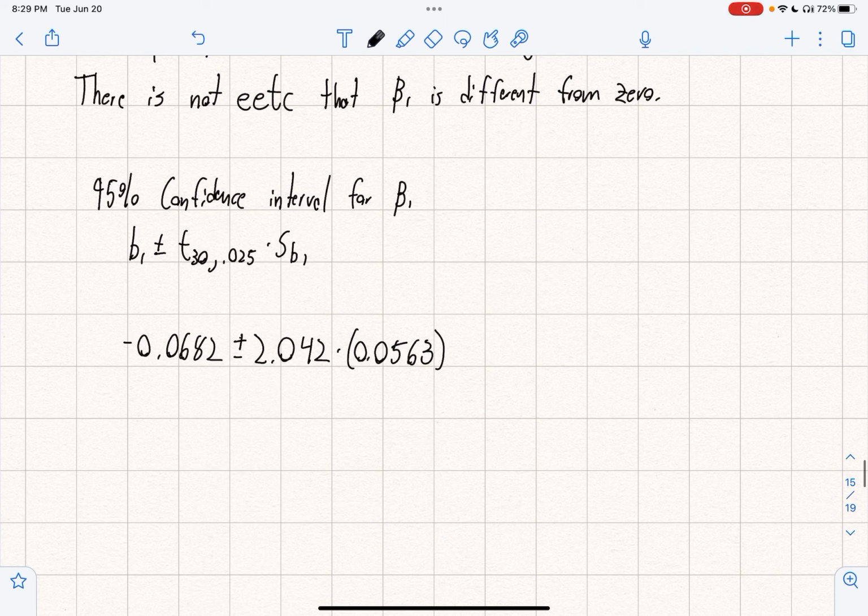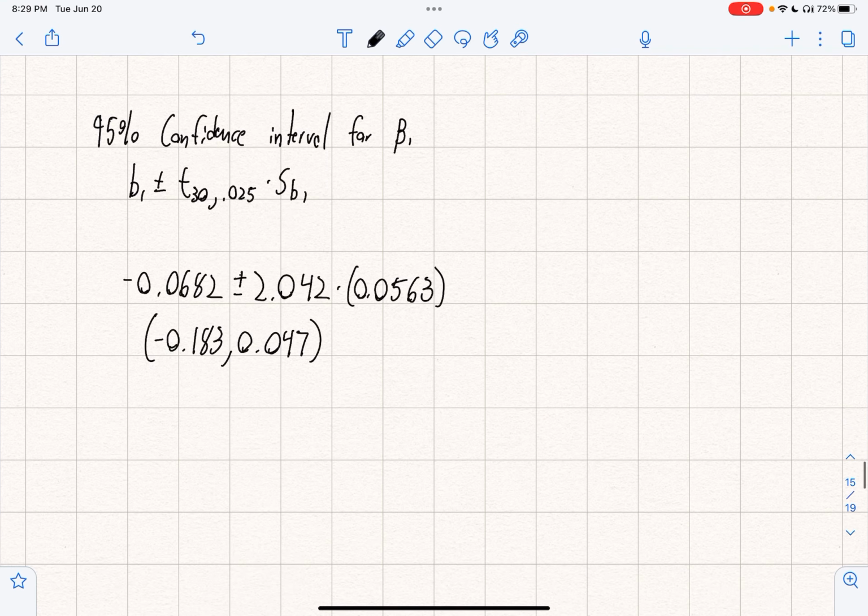And if you create this interval, that is going to range from negative 0.183 to 0.047. So we are 95% confident that the true beta 1 coefficient, or our slope coefficient, is between negative 0.18 and positive 0.04.